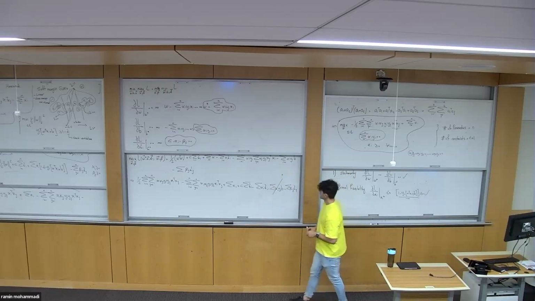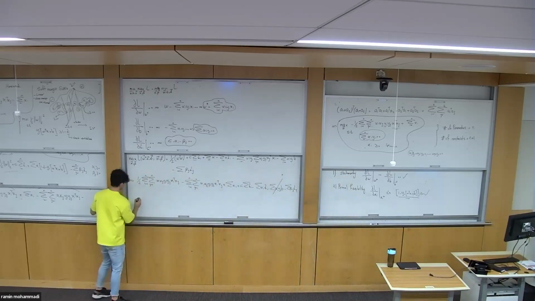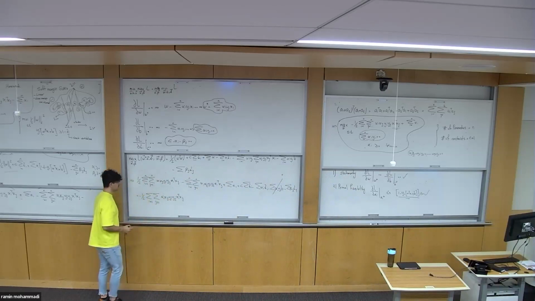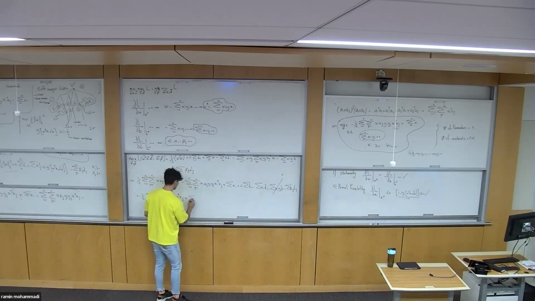Now, these two terms are the same thing. So we will get minus 1 over 2 of the double summation, plus summation of alpha I.